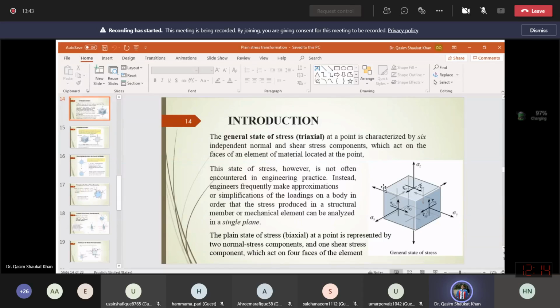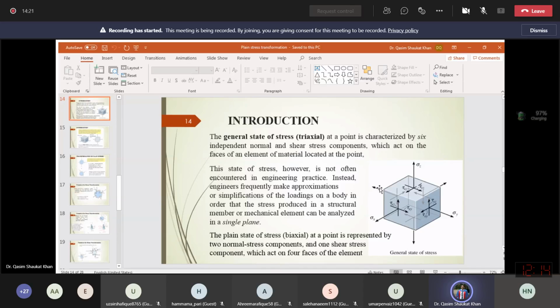And what we can do is draw these three faces, on which you have different normal and shear stresses. So we can take them one by one. Engineers make simplifications of the loadings acting on a body in order that the stress produced in a structural member or mechanical element can be analyzed in a single plane.